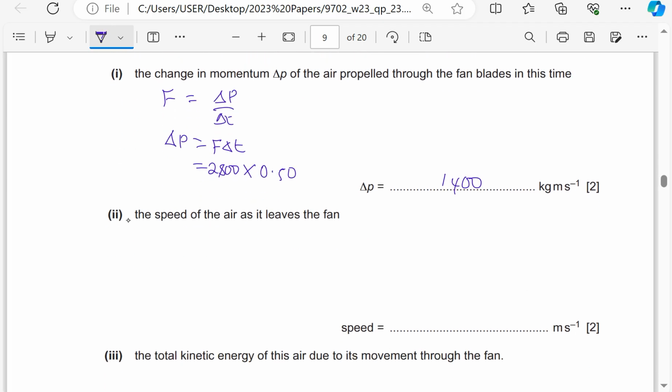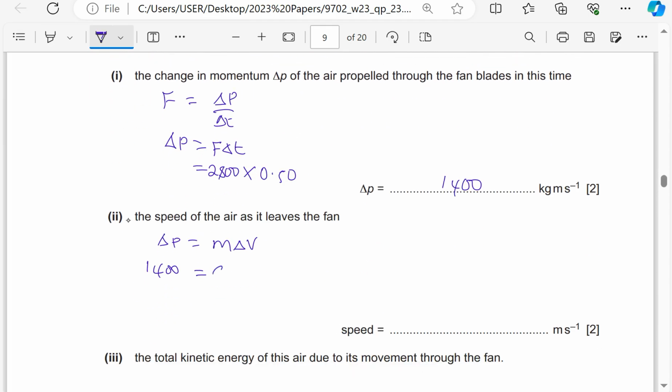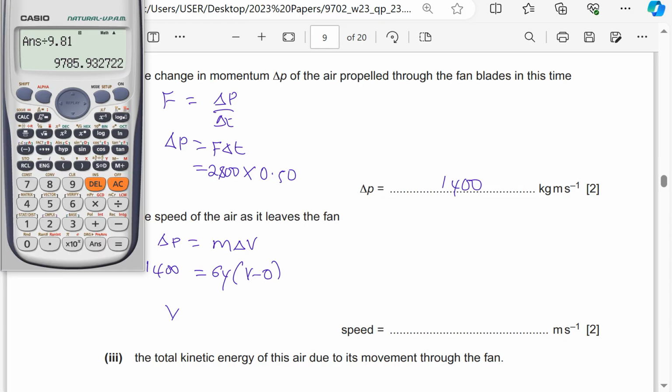Then the speed of the air as it leaves the fan. So remember that change in momentum is going to be mass times the change in v. So the change in momentum is 1,400. The mass is 64 kilograms. Then the velocity is v minus 0. So we just divide to find v. So 1,400 divided by 64. So that is 21.9.